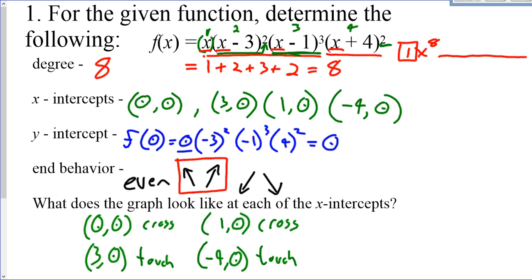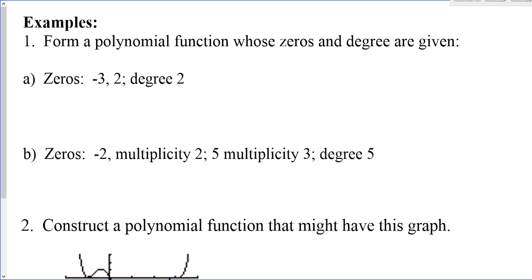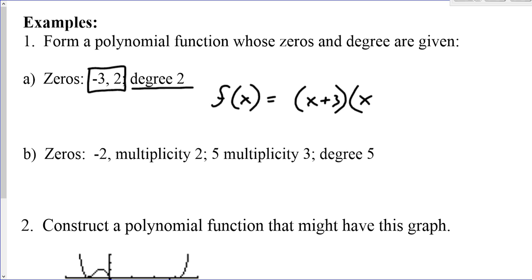Okay, let's look at another example here. If we're asked to form a polynomial function whose zeros and degrees are given, so we have a 0 at negative 3 and 2, and it's a degree 2, that polynomial could be f of x equals x plus 3 times x minus 2.